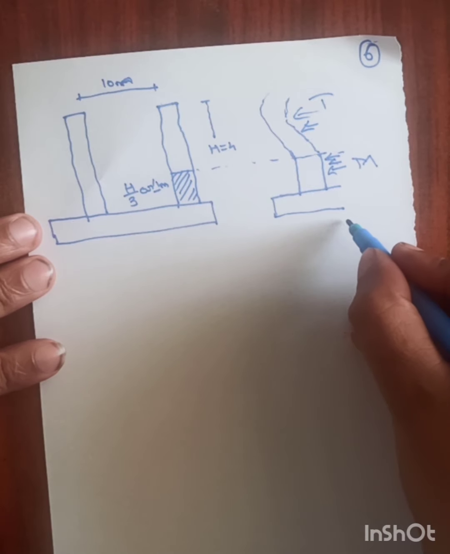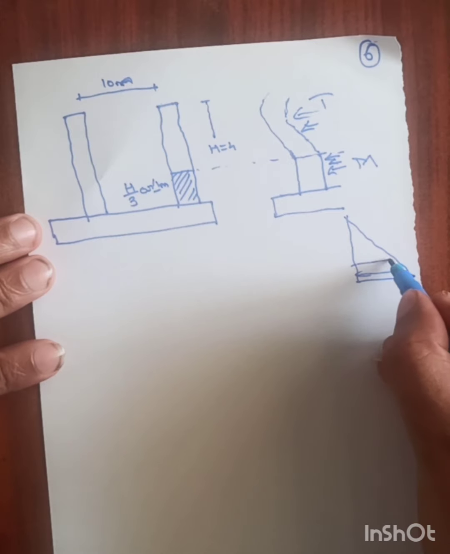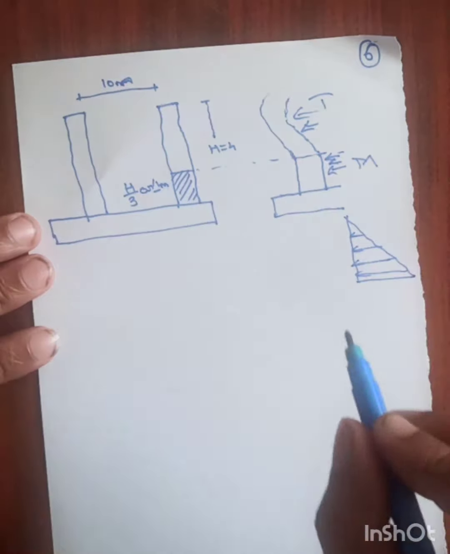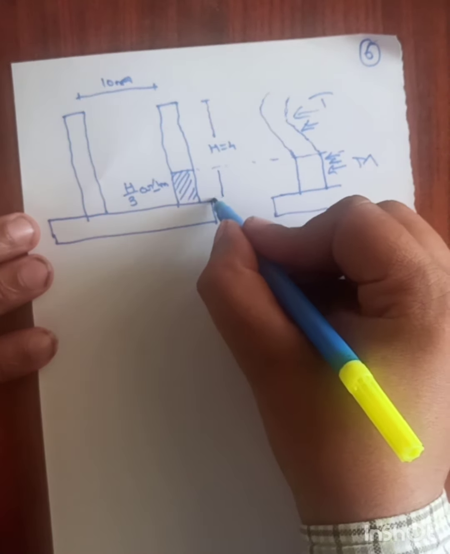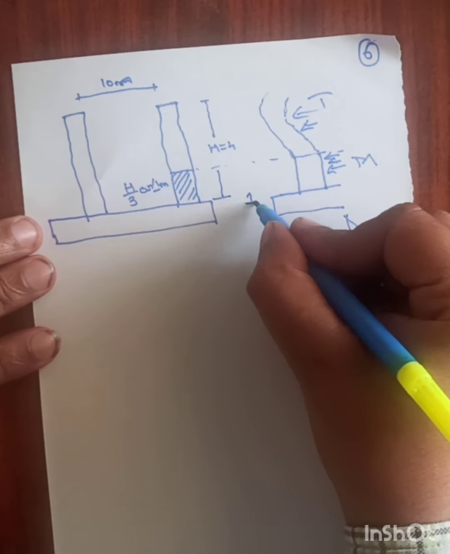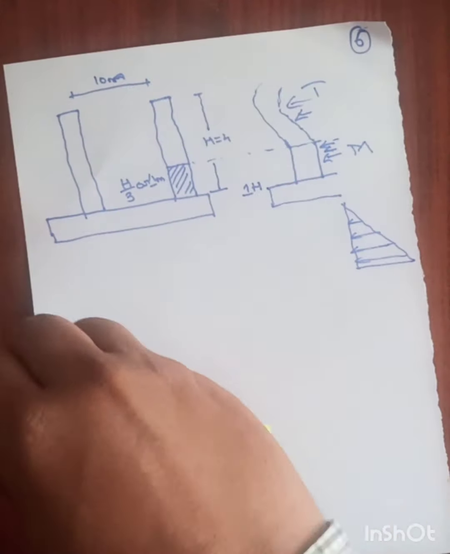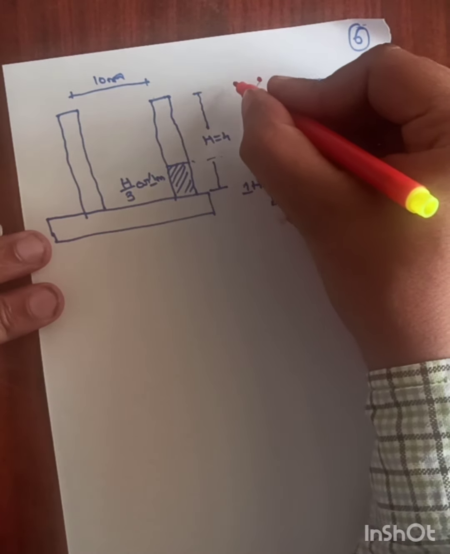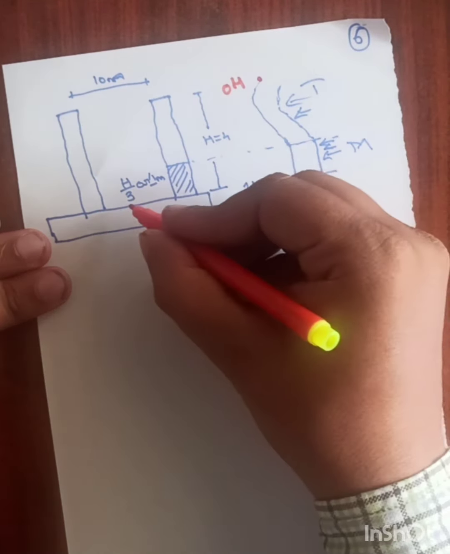So the pressure diagram, if I draw it here, it is like this: maximum at the bottom, and slowly decreasing as we go towards the top. So this complete is H, let me call it as 1H. At this point it is 1H, at this point it is 0H, here it is H by 3 or 1 meter, that means 0.33H.